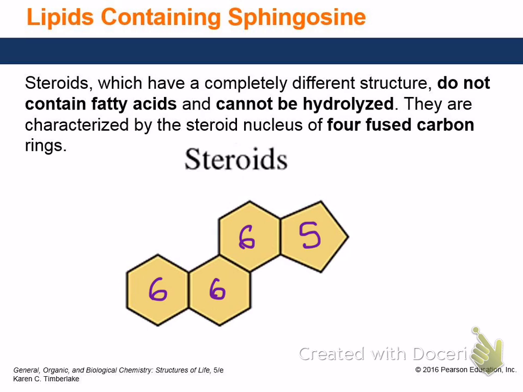I'm not going to require that you draw testosterone or estrogen or anything like that, but you need to be able to recognize cholesterol. This is the nucleus, if you want to think about it, like an atom has a nucleus. This is the center of every steroid hormone.